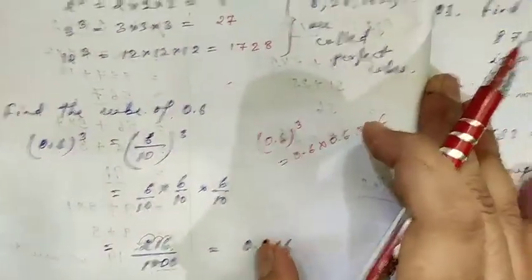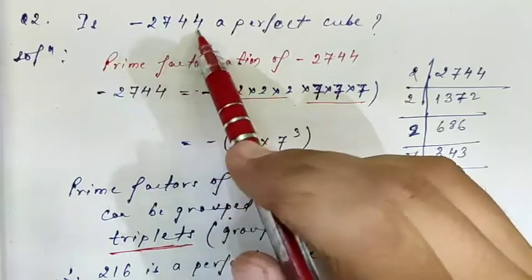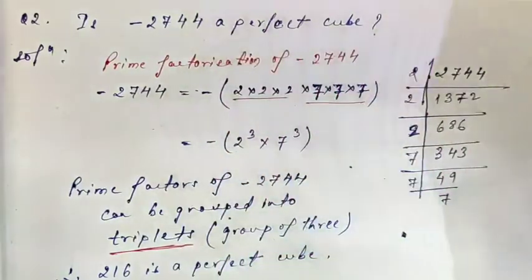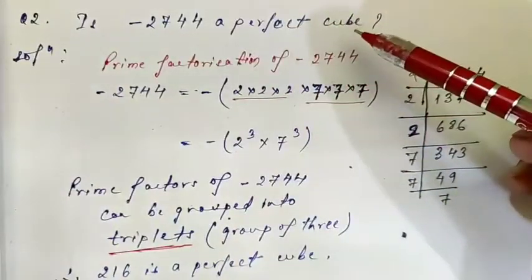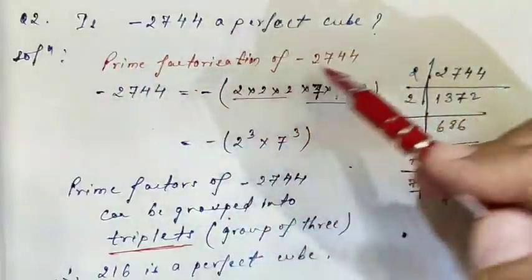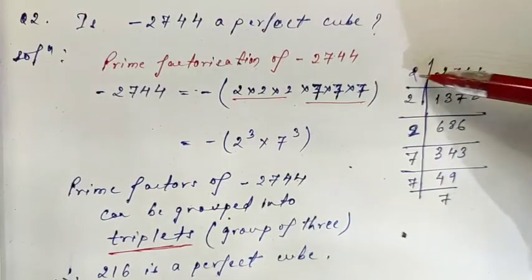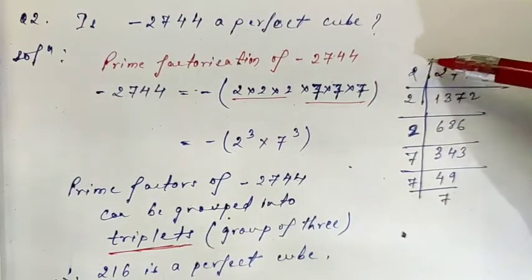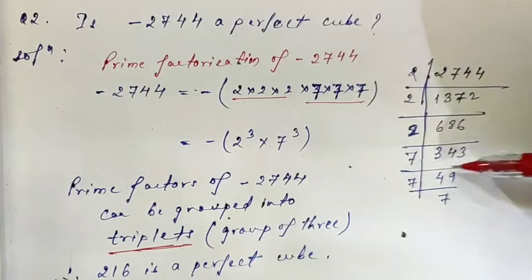Take another example over here. Is minus 2744 a perfect cube? You have to check whether this negative number is a perfect cube or not. So what will you do? Prime factorize the given number. All of you know the method of prime factorization, so I don't have to explain it. How to check divisibility by 7, I explained in my previous video.